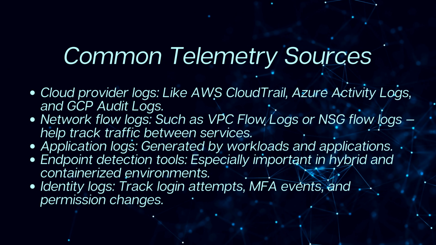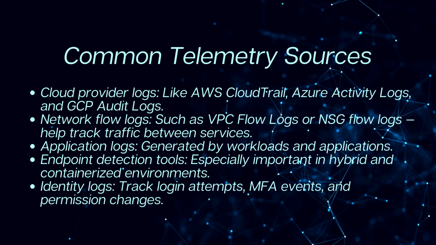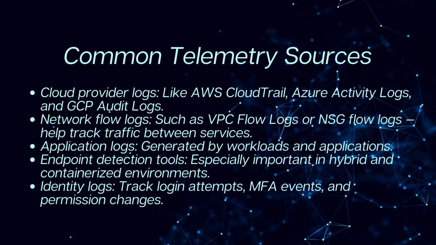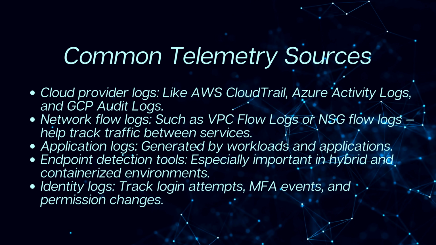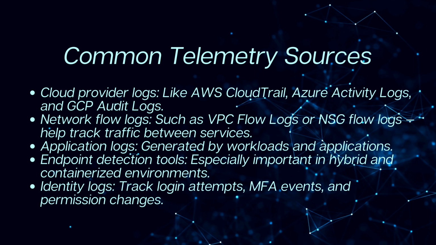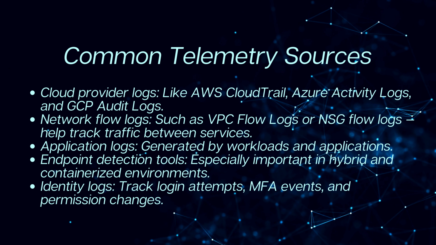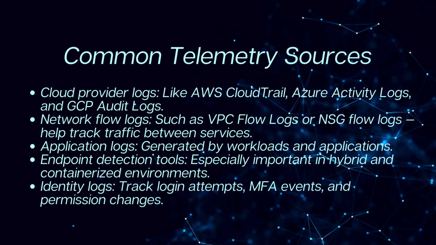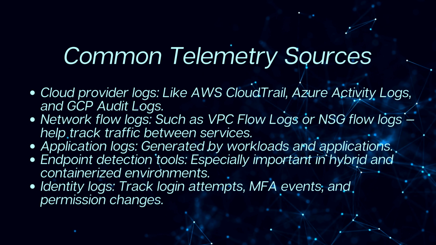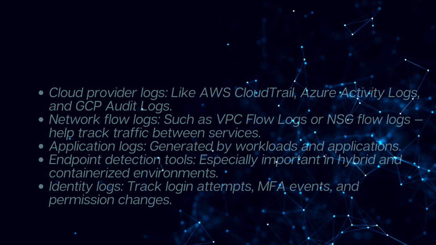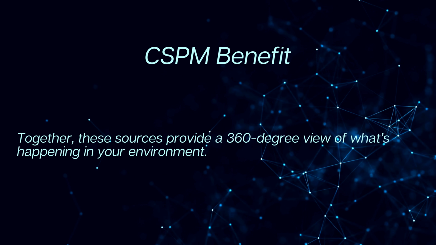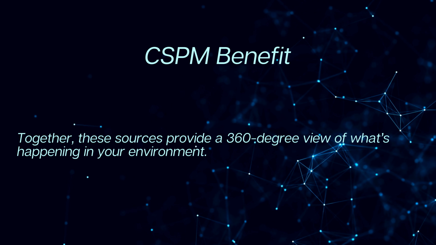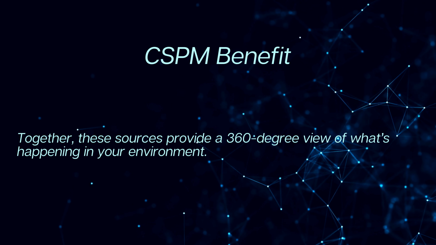Application logs are generated by workloads and applications. Endpoint detection tools are especially important in hybrid and containerized environments. Identity logs track login attempts, MFA events and permission changes. Together, these sources provide a 360 view of what is happening in your environment.